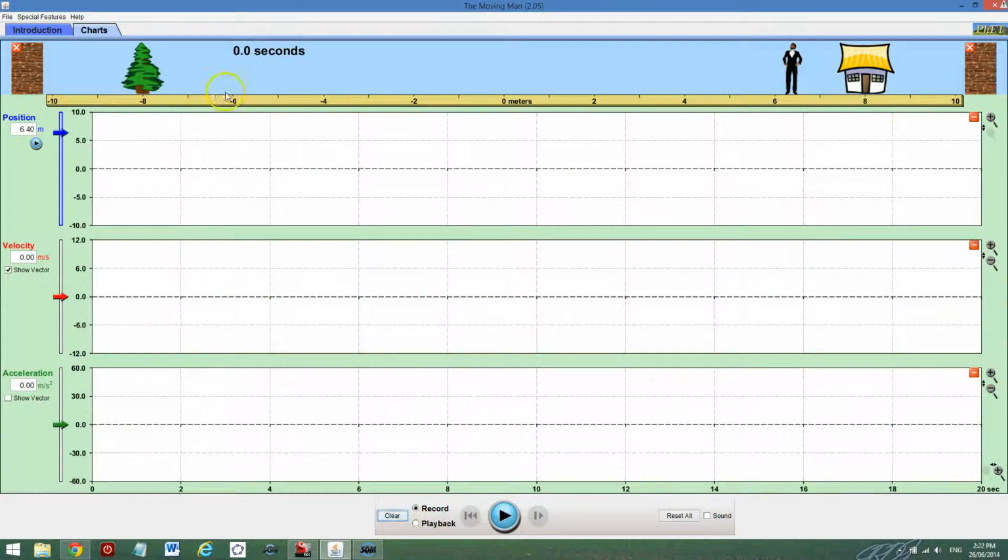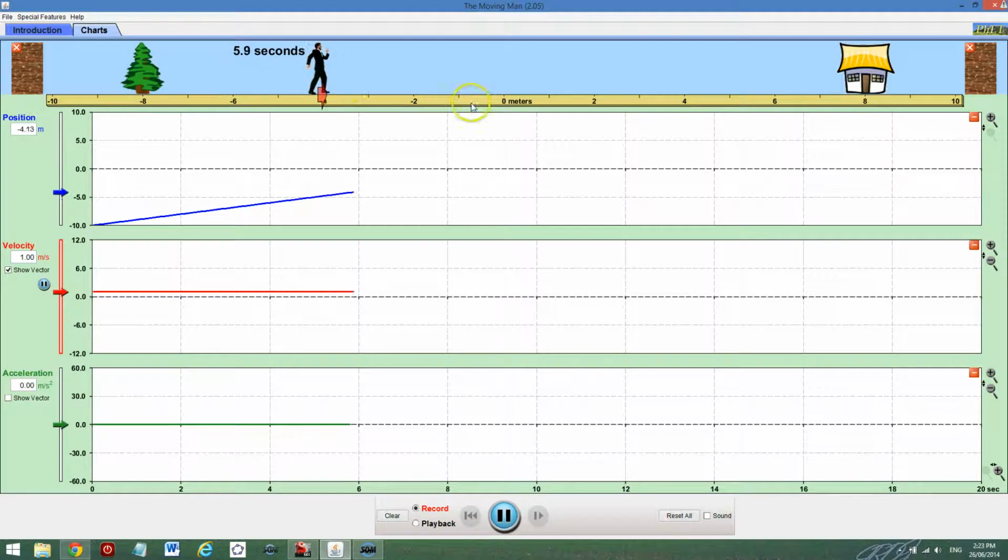Now say I want the man to start from the left-hand side, and let me ask him to move at a speed of 1 meter per second. I hit play. Then you can see he moves at a constant speed, 1 meter per second.